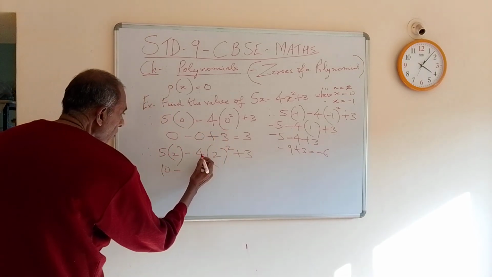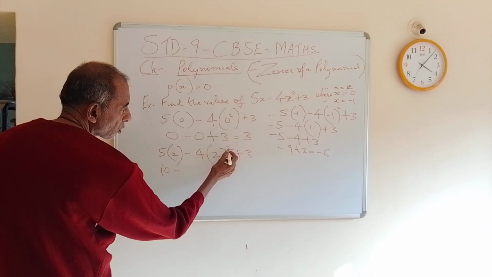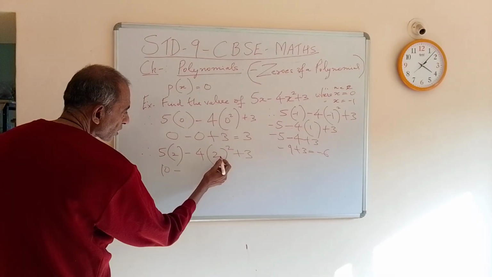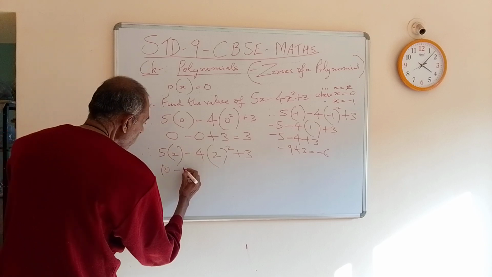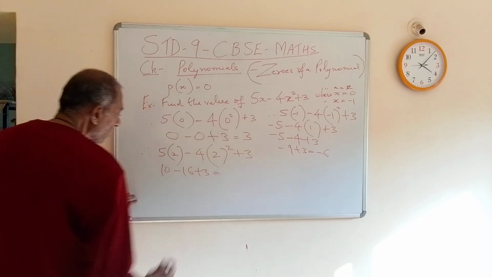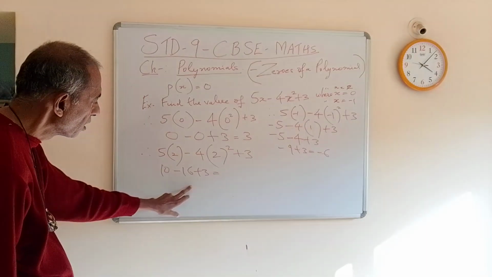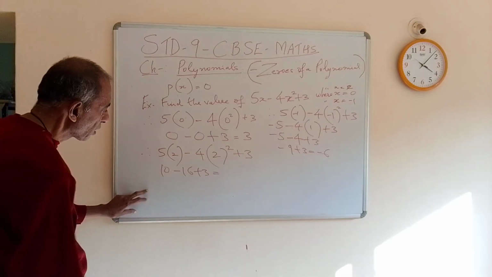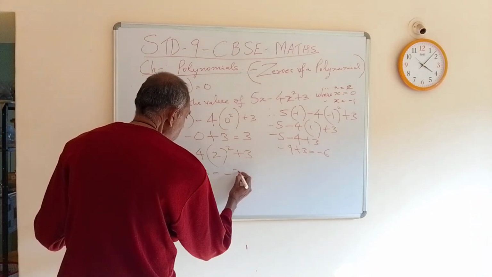Then minus 4 into 2 into 2 is 4, 2 raised to 2 is 4. Minus 4 into 4 will give us minus 16 and plus 3. So 10 plus 3 is 13 and this is minus 16. So it will give us minus 3 as the answer.